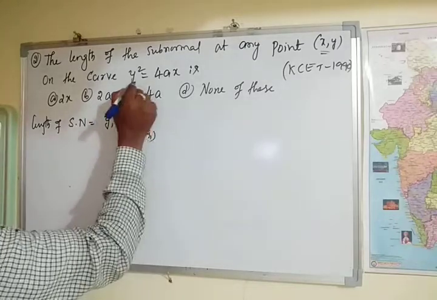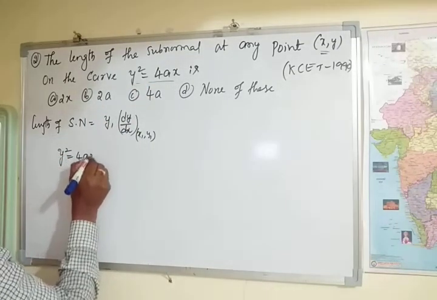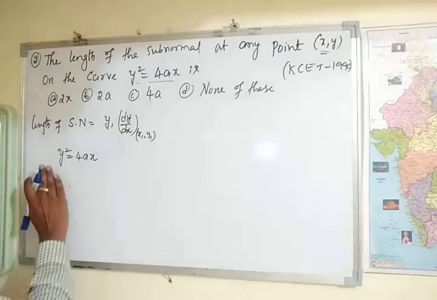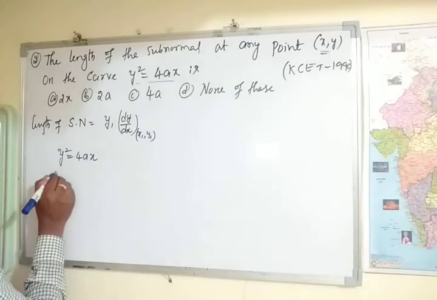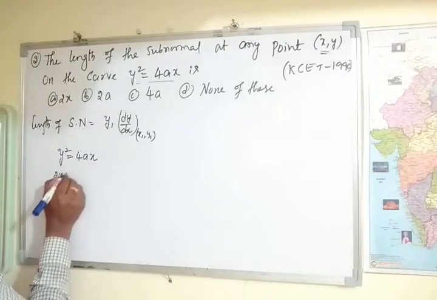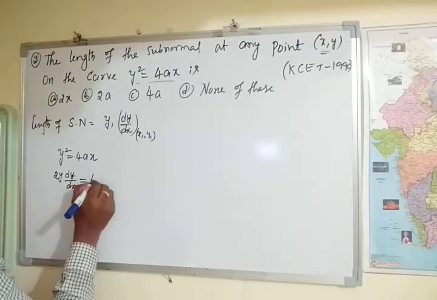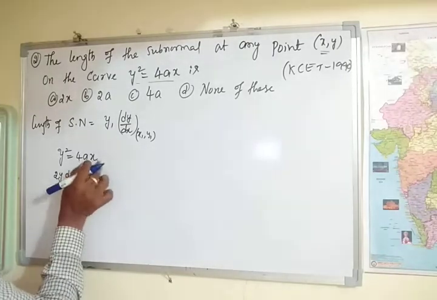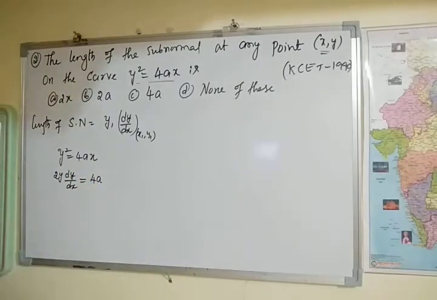So now here we have the curve y square is equal to 4ax. Differentiate with respect to x on both sides. We get 2y into dy by dx is equal to 4a is constant, 4a into the derivative of x which is 1, so 1 into 4a is 4a.